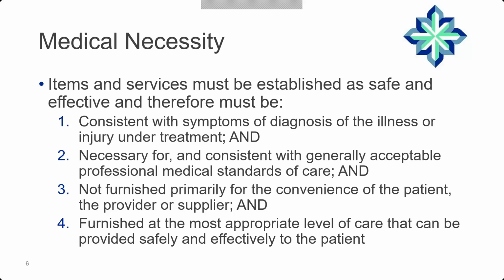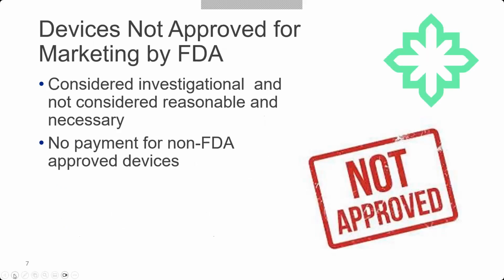And moving to the next slide, it has to meet FDA approval for marketing. So if an item or a service is not approved for marketing by the FDA, it is considered investigational, and therefore it doesn't meet medical necessity requirements. That means there'll be no payment by Medicare for non-FDA approved devices.